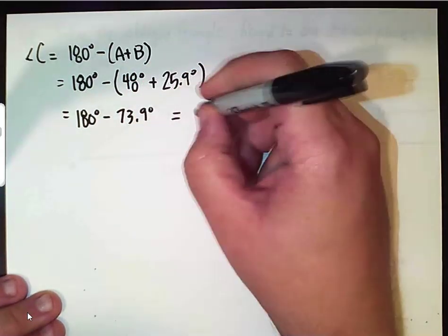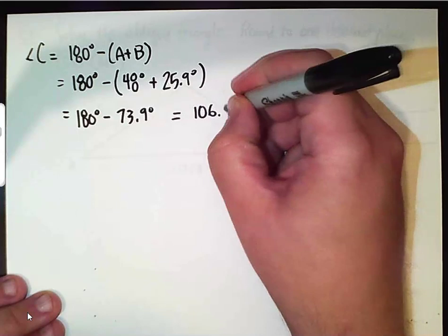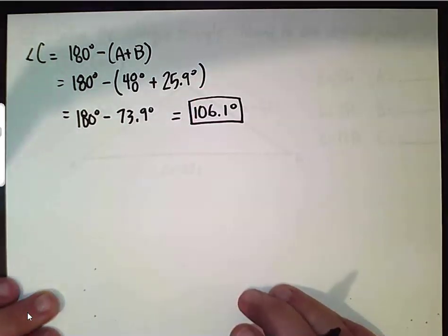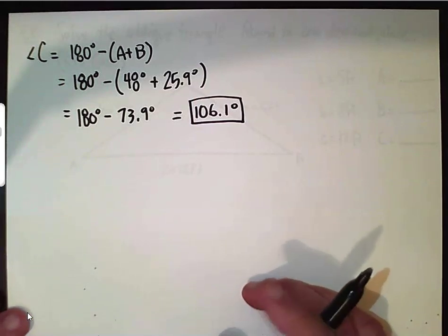So angle C is 106.1 degrees. And so we have solved that triangle.